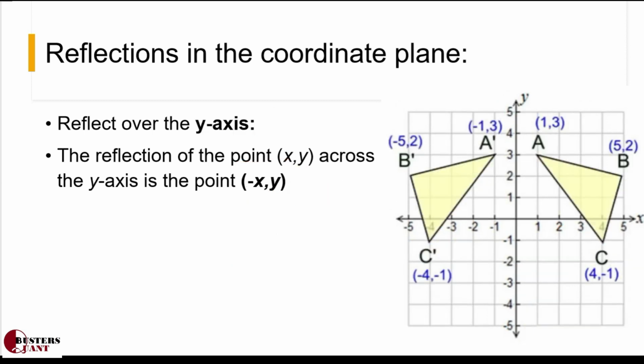Similarly, if I need to find the reflection over the y axis, this is like a mirror. Y axis means this is a mirror, for example. We need to find the image of this point A. In that case it is on the same horizontal line, so the y coordinate will remain the same, it will not change. Only the x coordinate will be the negative of the initial point. For example, 1 comma 3, the 3 remains the same, the 1 becomes minus 1, so minus 1 comma 3. Similarly 4 comma minus 1: minus 1 remains the same, the x coordinate becomes minus 4.